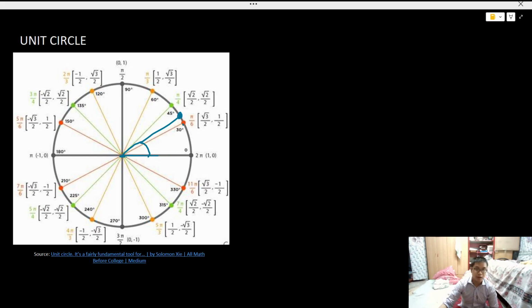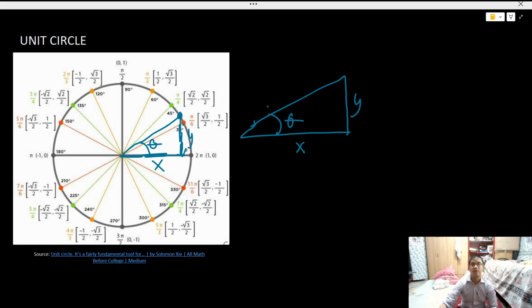Here I have the x coordinate, and I have the y coordinate here, which is the vertical component in other words. So we have the illustration here: the angle, the horizontal component, and the vertical component. By the way, this is your hypotenuse, which is 1 unit, as always.